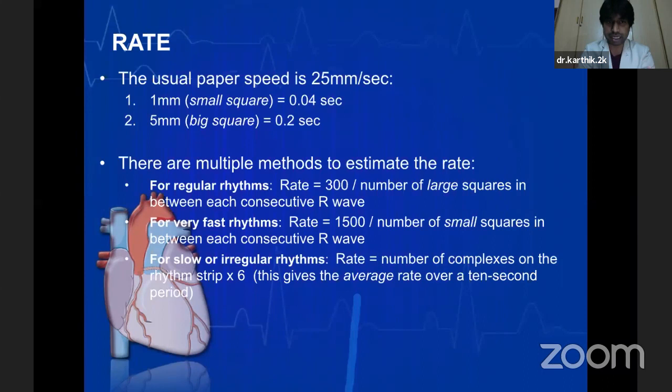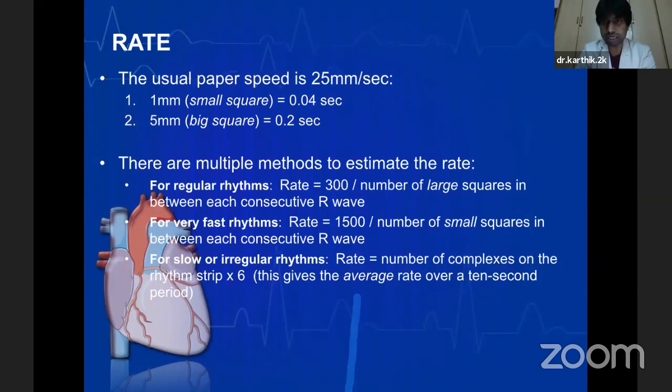If the rate is regular, we have two techniques to employ. Either we can use the small squares or the large squares to calculate the rate of the heart. If we are using the large squares, we use 300, a number which represents a 60-second or 1 minute duration, as the numerator.